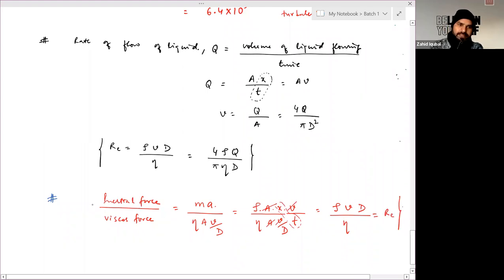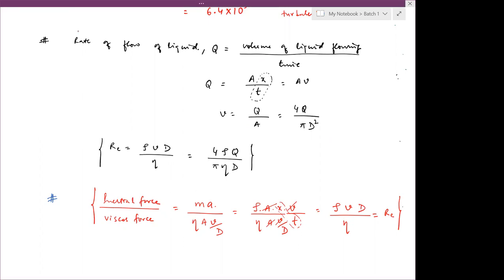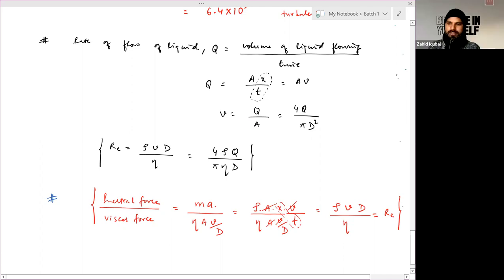So from this, we can say Reynolds number is also a ratio of inertial force and viscous force. Khalid, is it clear? Yes, sir. Okay, just write it down. Okay, Salman.